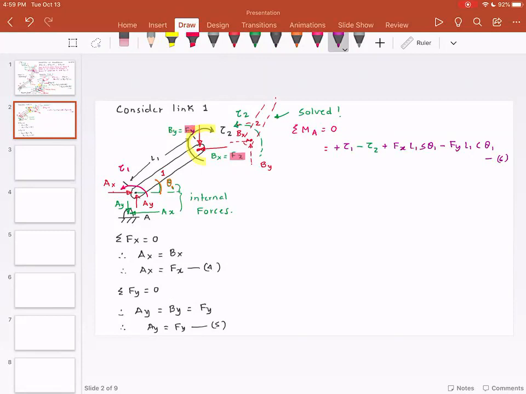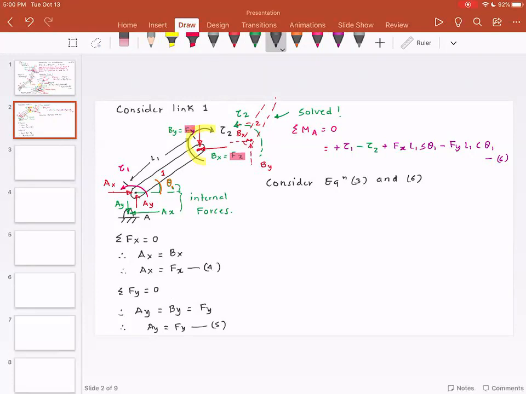Now I want you to look at these two equations very carefully. Consider equation 3 and 6. What I'm going to do is rewrite these equations slightly.